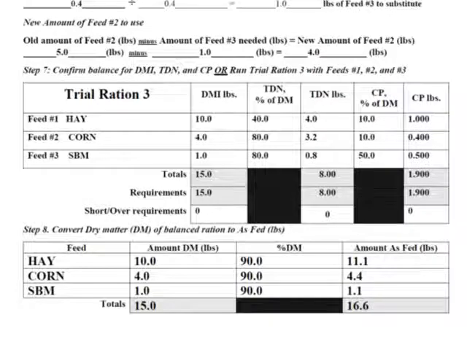So step 7, confirm the balance of dry matter intake, TDN, and crude protein, or run trial ration 3 with feeds 1, 2, and 3. So my amounts: hay 10 pounds, corn 4 pounds, soybean meal 1 pound. TDN as a percent or crude protein as a percentage of the dry matter are given on the step 2 on the previous page.